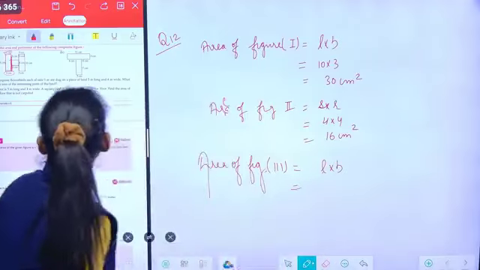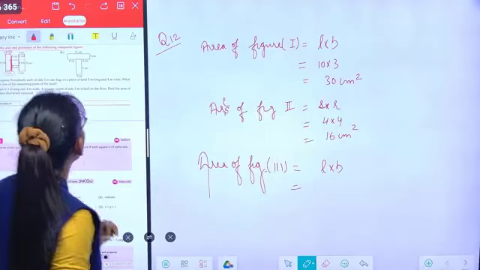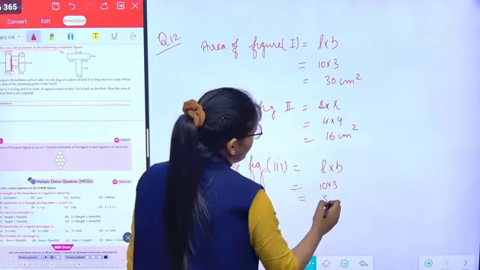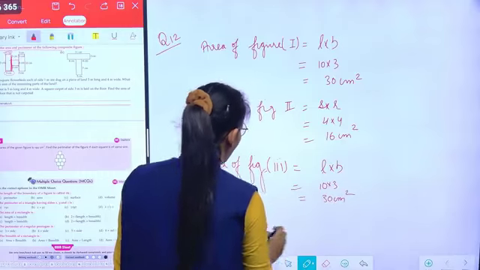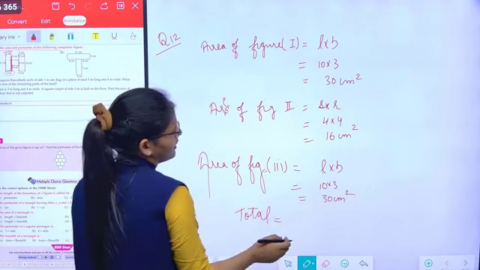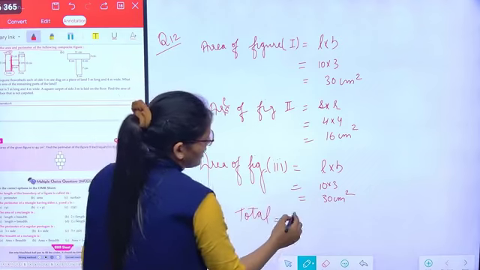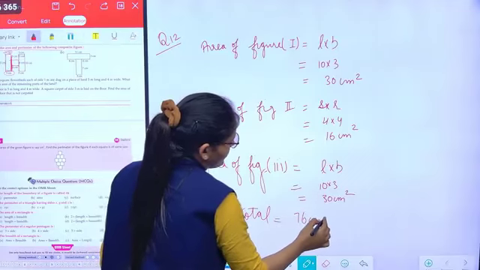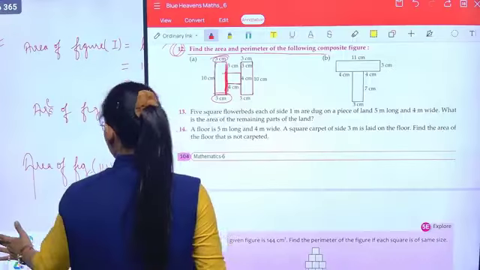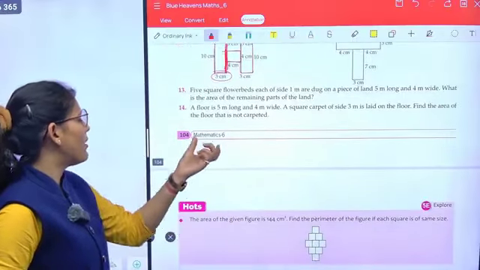So class 10 multiplied by 3 is equal to 30 centimeter square. Now total is equal to 30 plus 30, 16 plus 16, 76 centimeter square. This is the required area. Now class, rest of the part do yourself.